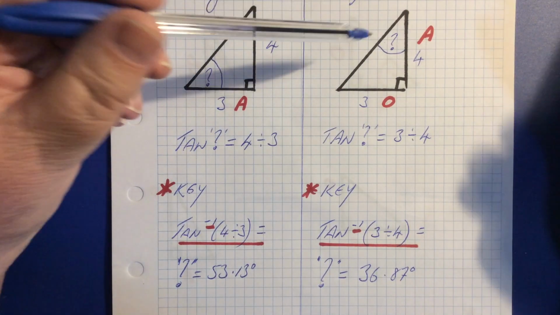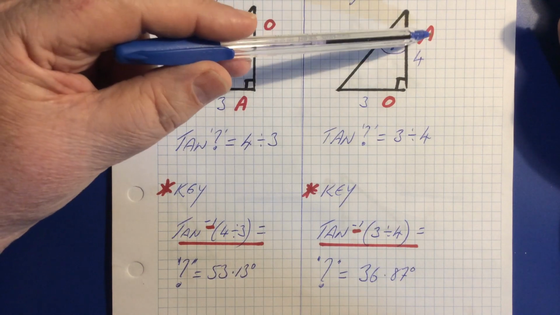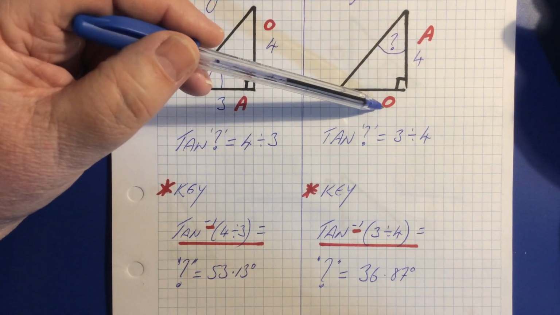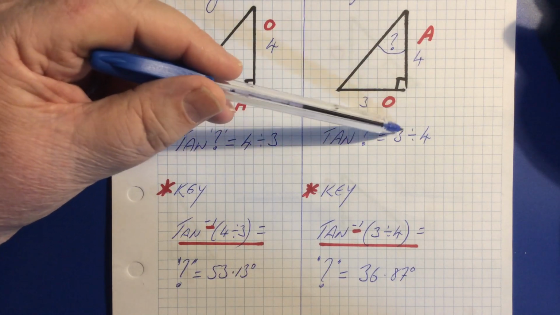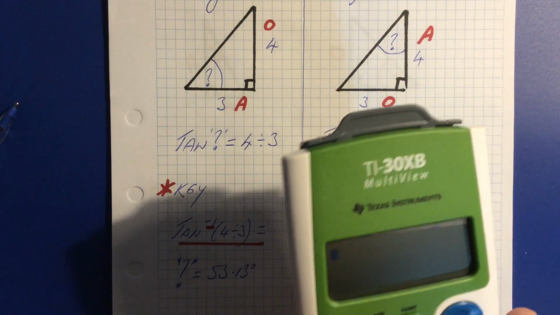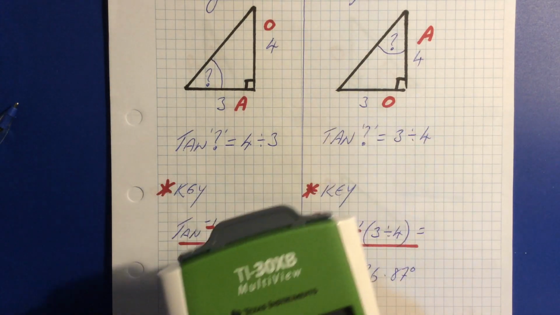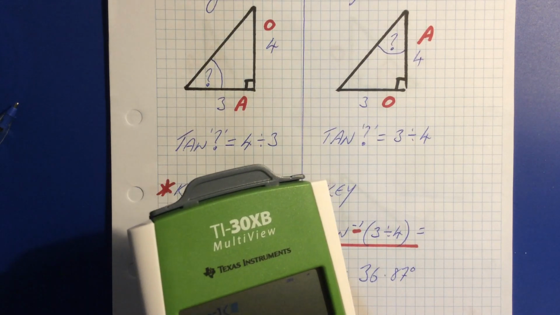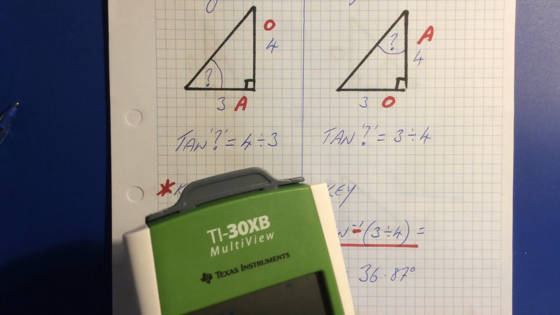Now, moving over to here, the only thing that's different here is that I've moved the angle, and therefore adjacent and opposite are different. Instead of it being 4 divided by 3, it's going to be 3 divided by 4. Same thing again. Second function, tan. Sorry, I'm old-fashioned. I learned tangent, sine, and cosine.